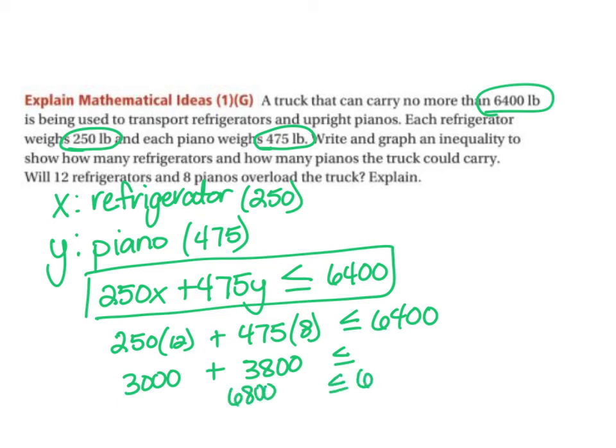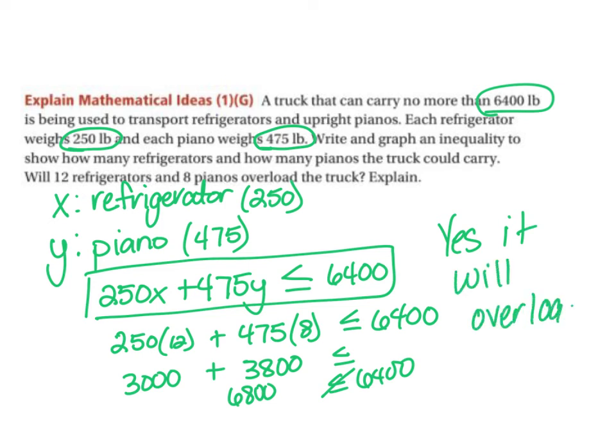That is not less than 6,400. So in this case, they would not work. Or it would overload, I guess is what the question is asking. Yes, it will overload. So if we were to graph it, that point, 12, 8, would not be in the shaded region.